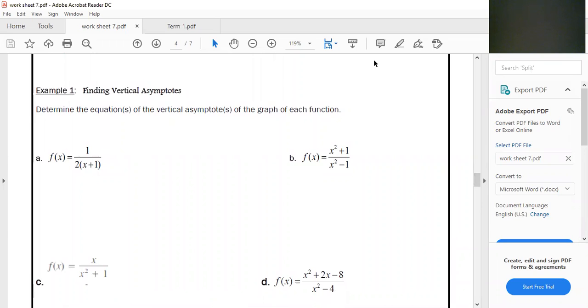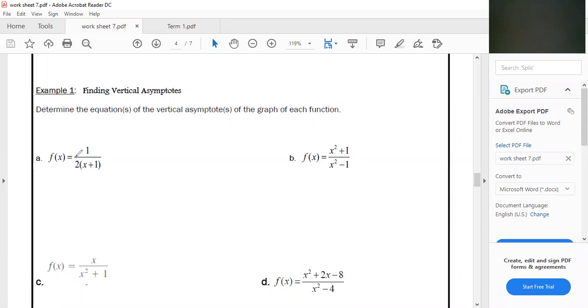Okay. Look here, grade 12. Determine the equations of the vertical asymptote, maybe asymptotes, of the graph of each function. How to find this? You have to know the meaning of vertical asymptote.